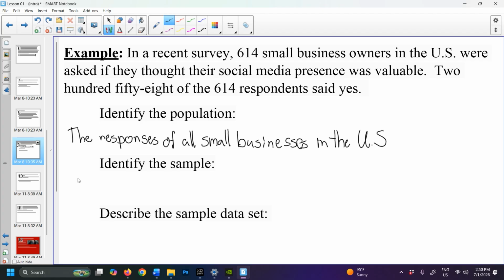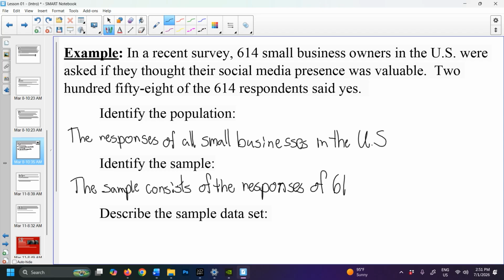The sample is the responses of the 614 small businesses in the survey.